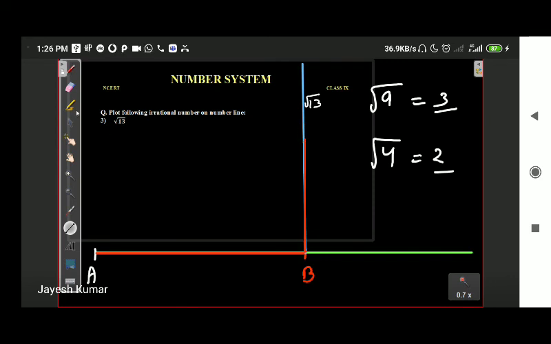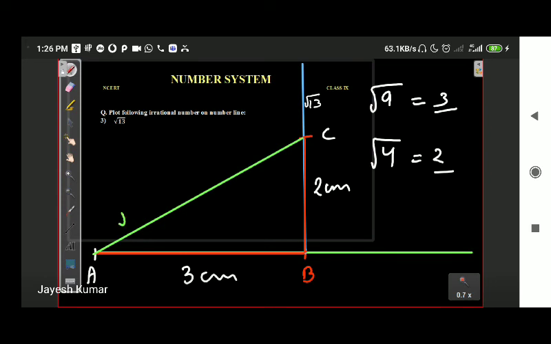This is 2 centimeter and we will mark this point as C. So we get AB as 3 centimeter and BC as 2 centimeter. The hypotenuse of this triangle is going to be under root 13 centimeter. Very good. Moving on.